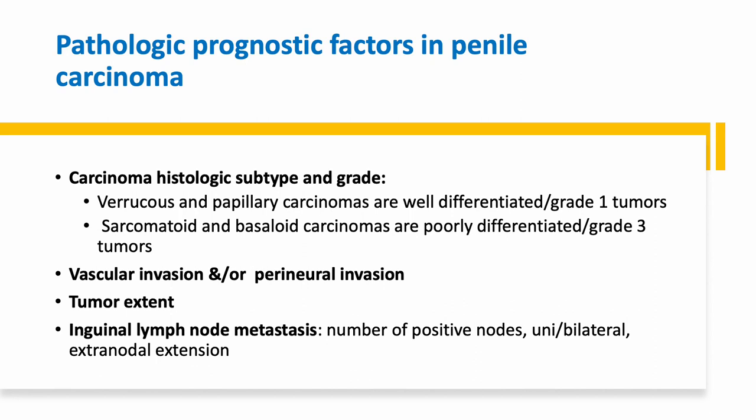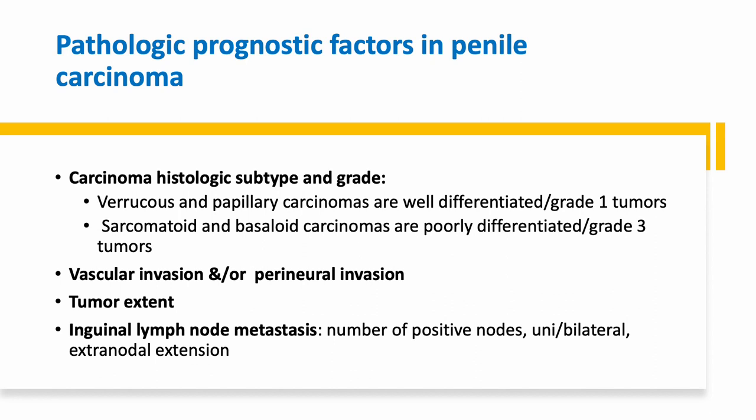What are the prognostic factors of penile carcinoma? The first one is the histologic subtype. Well-differentiated carcinoma, conventional type, verrucous type, and grade 1 tumors usually have a better prognosis compared to poorly differentiated carcinoma, including sarcomatoid and basaloid carcinoma. Those are grade 3 and will have worse clinical behavior.